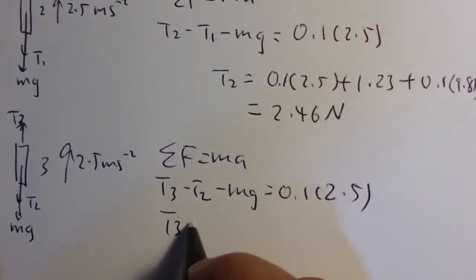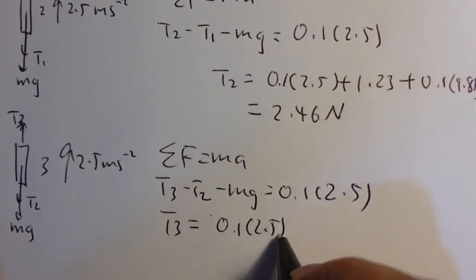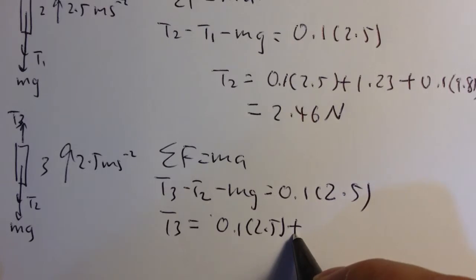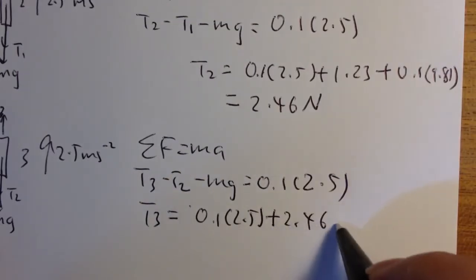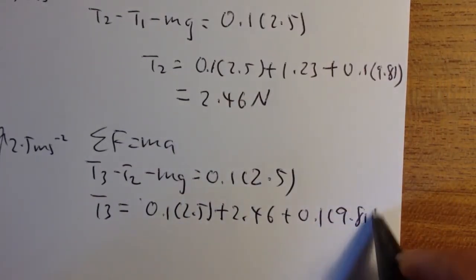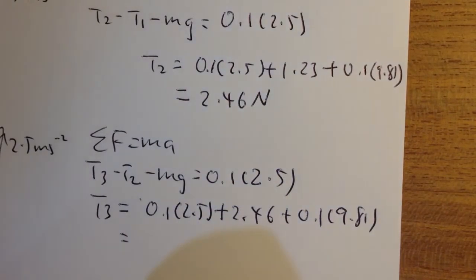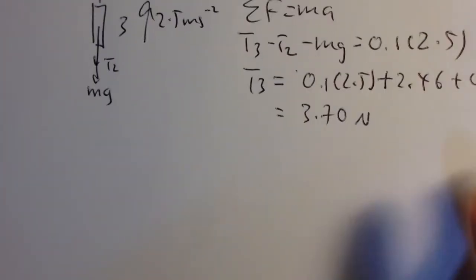So T3 is equal to 0.1 times 2.5 plus T2, which is 2.46, plus 0.1 times 9.81. It should give you 3.70 Newton.